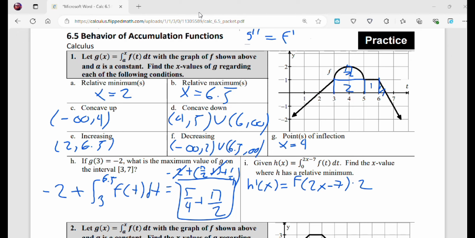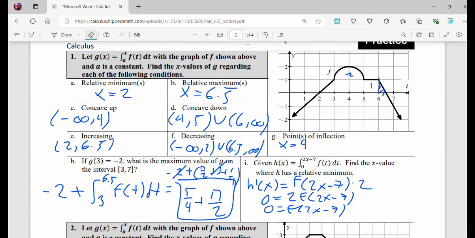Okay, so our h prime has to be 0, because that's where a critical point is. So 2 times f of 2x minus 7 equals 0. Divide by 2, you get 0 equals f of 2x minus 7. Okay. When does f equal 0?